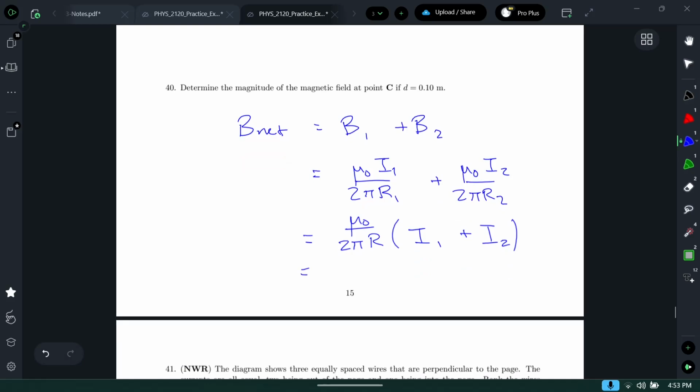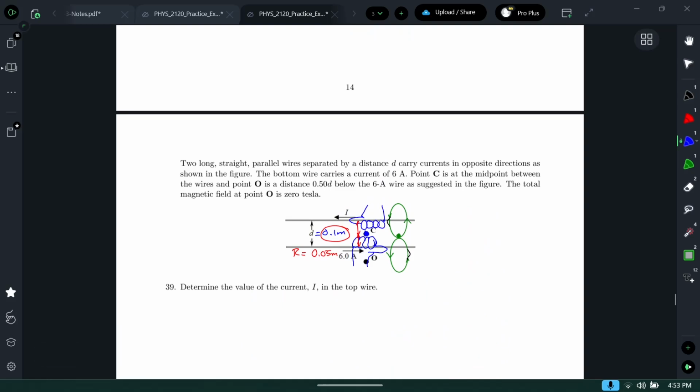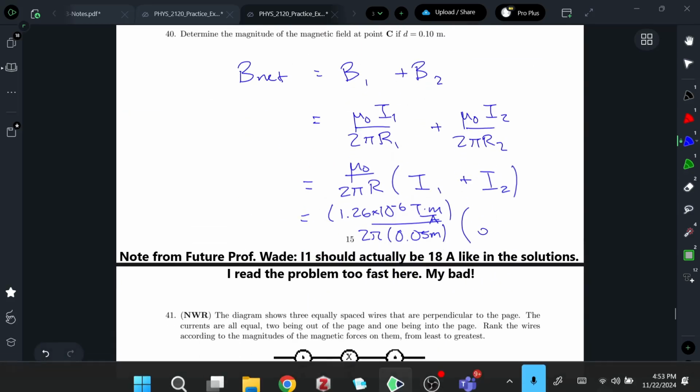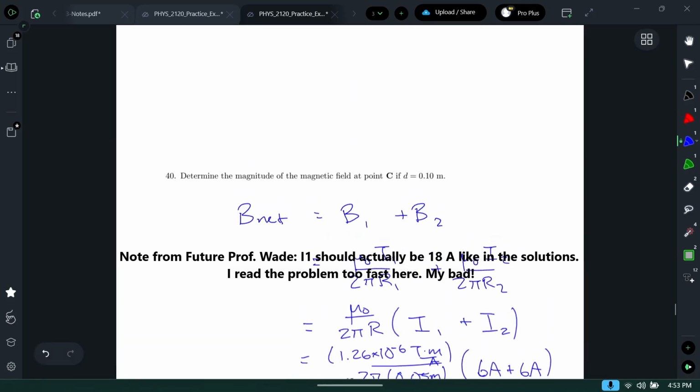And so it should just be mu naught over 2 pi 0.05 meters, times I1, which looks like 6 amps, also 6 amps for this one. So 6 amps plus 6 amps, and that comes out to whatever it comes out to.